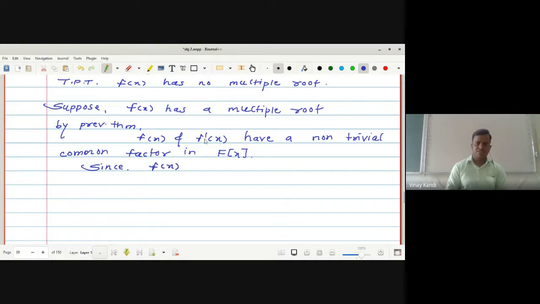f(x) and f'(x) have a non-trivial common factor, that means a factor of f(x) exists, and that factor must divide this f(x). Okay, but what is given to us?